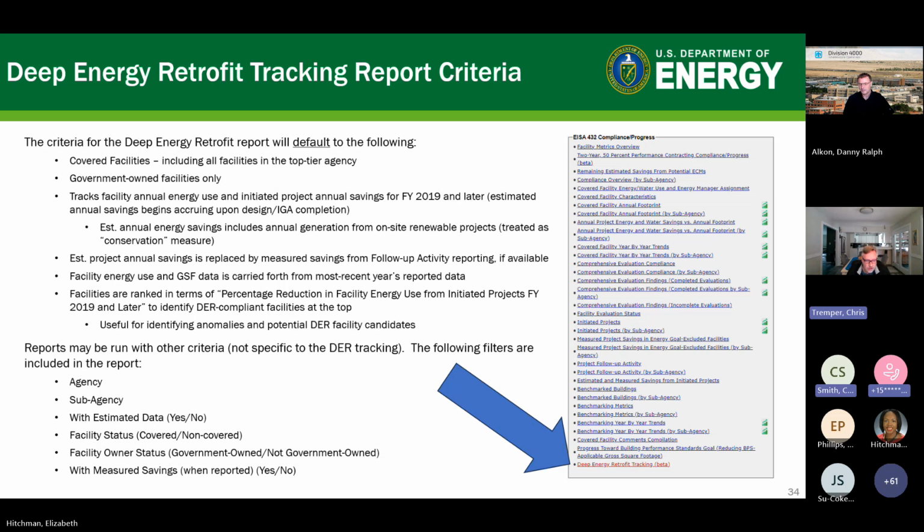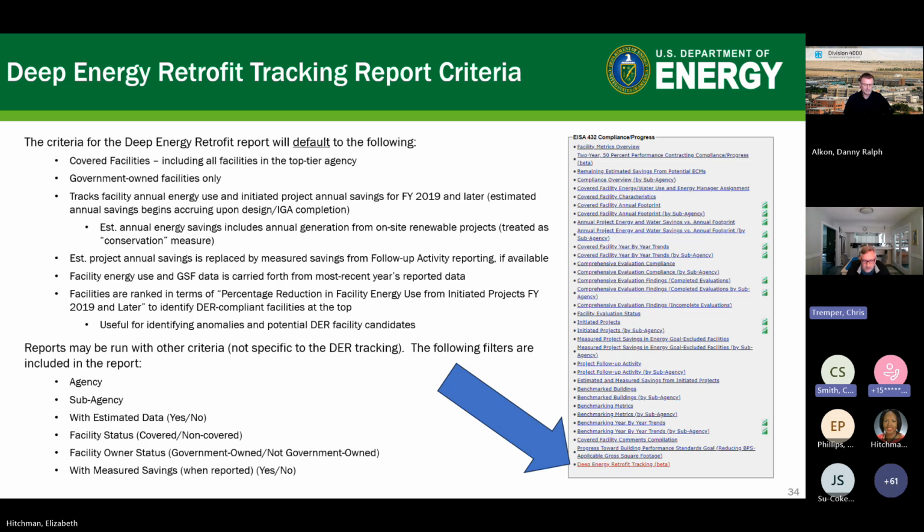Another thing to be sure to report when you're implementing your projects is if you have an on-site generation or a renewable project, that can be treated as a conservation measure and will contribute to the annual savings of that project toward the deep energy retrofit goal. So make sure that gets reported. Your estimated annual energy savings will be used to track the goal from these implemented projects.